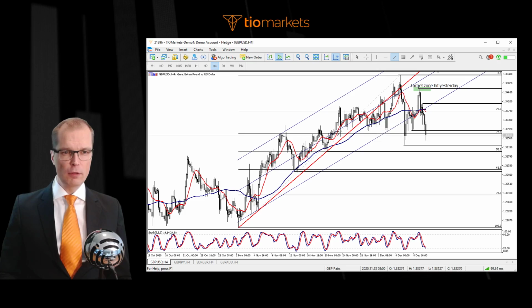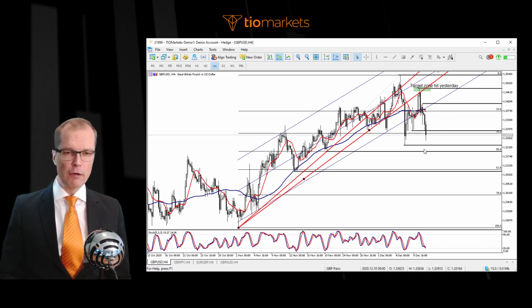First of all, this one was violated, and then roughly the trend line acted as a resistance. Yesterday we had this other trend line break earlier, and we rallied right into the trend line, and that was our target zone hit.